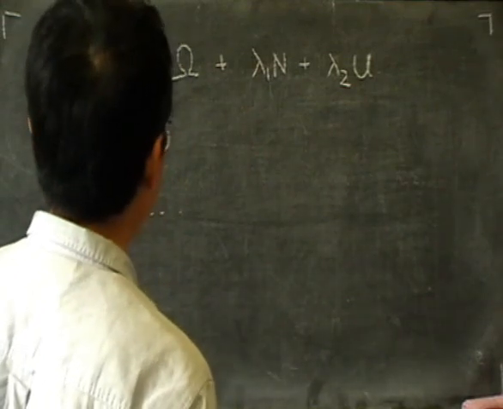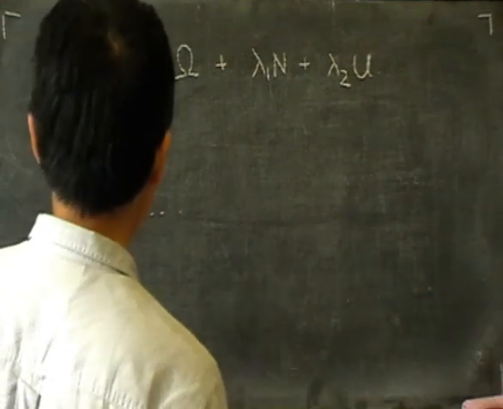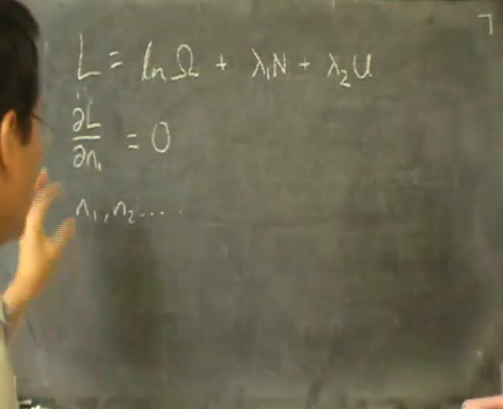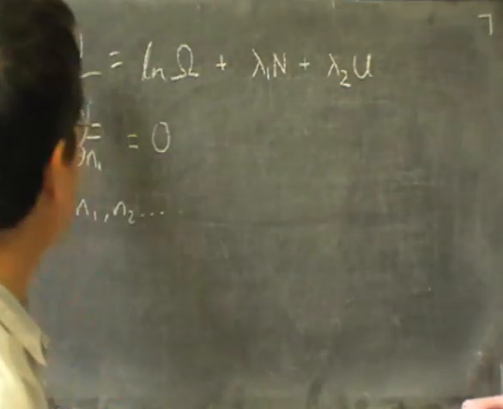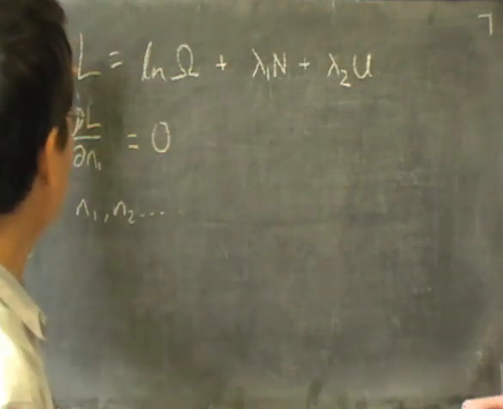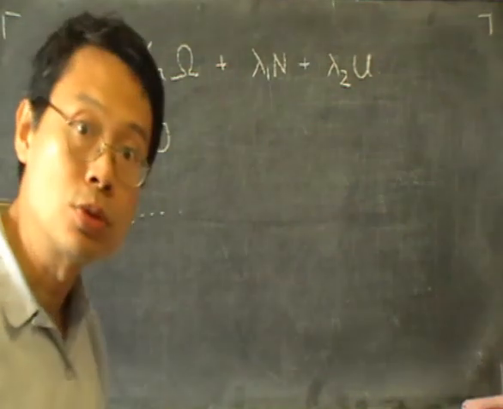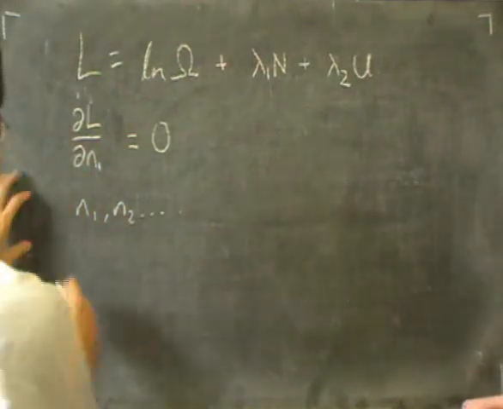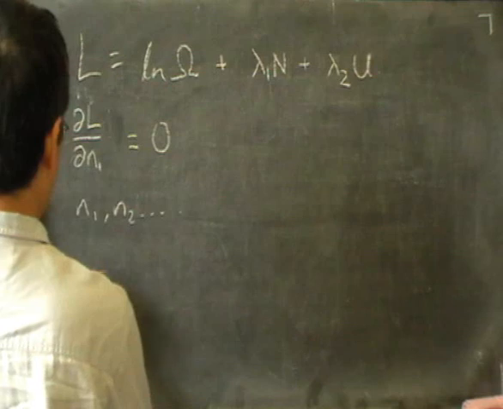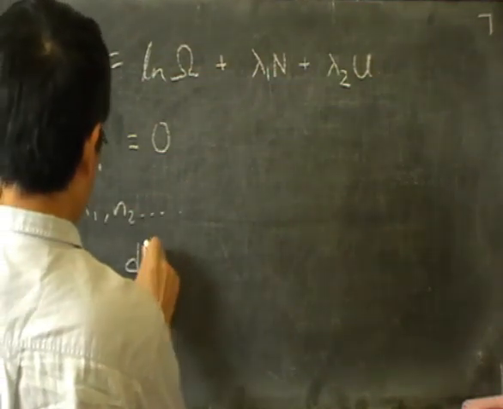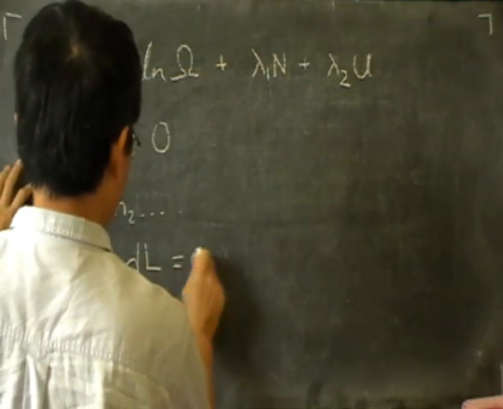so that any change in, say, N1, alright, would lead to 0 change in L to first order. So what this means is that if I have, say, a small change in N1, the corresponding change in dL should also be 0.